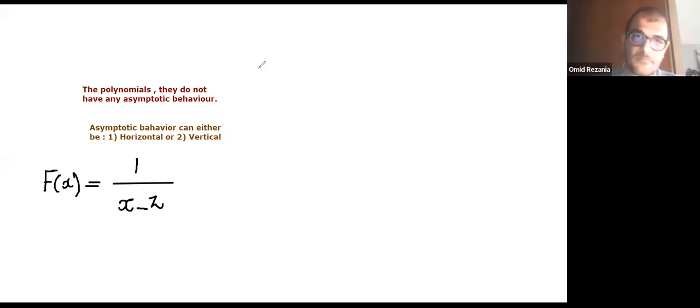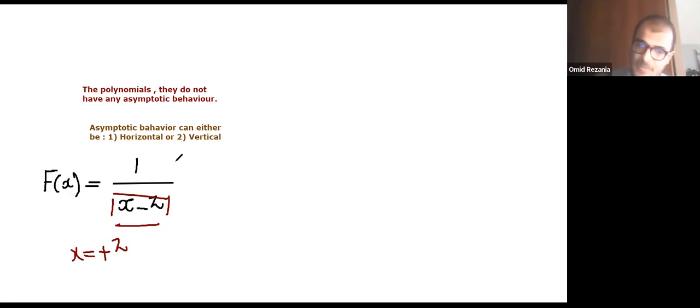This is a rational function, because it has a numerator and a denominator. We see that this function behaves a little bit oddly at the point x equal to 2. It is a singular, strange number for this function. Why?